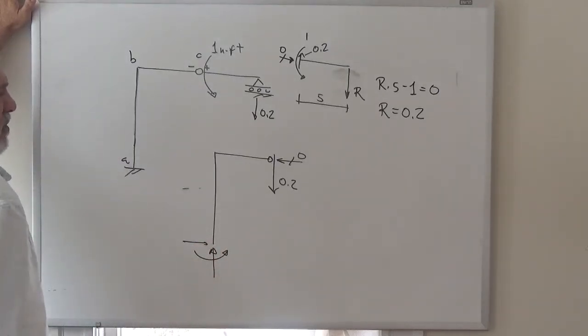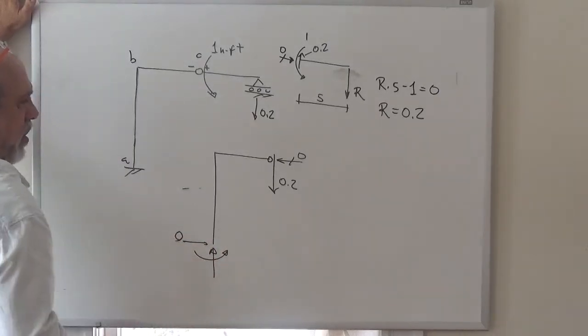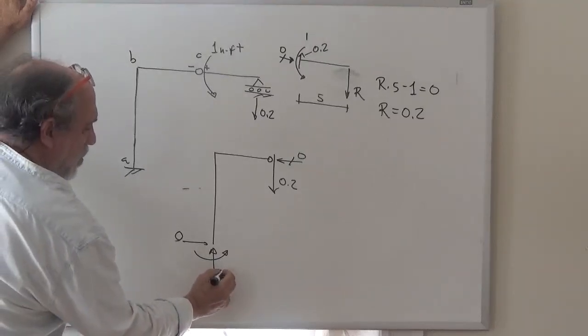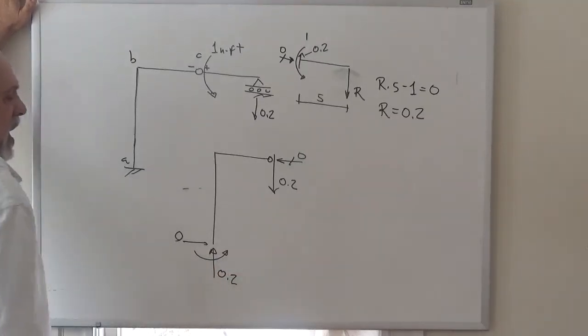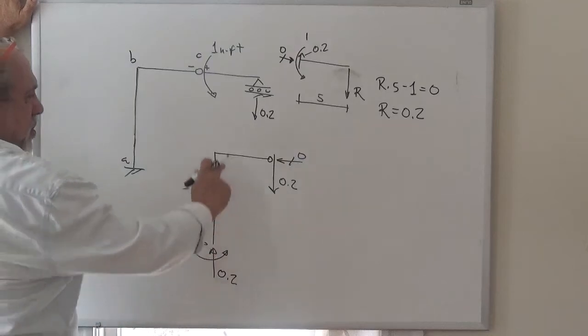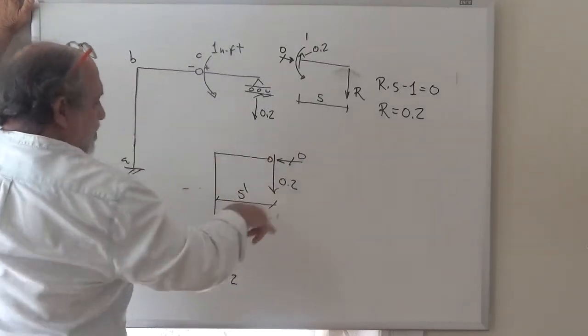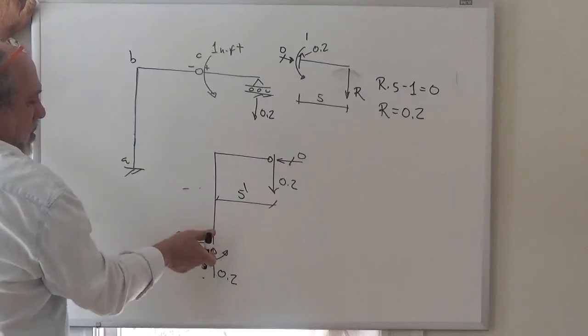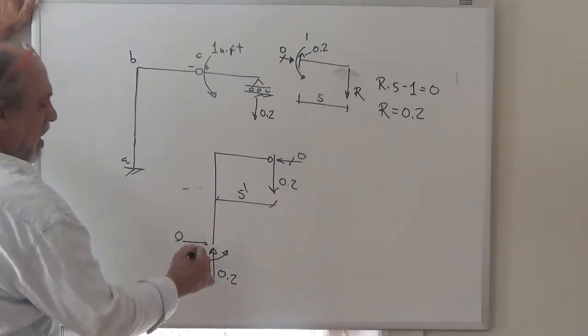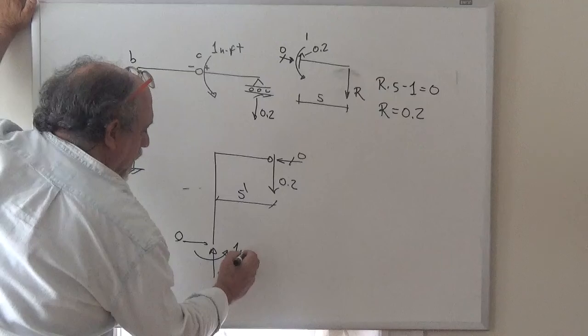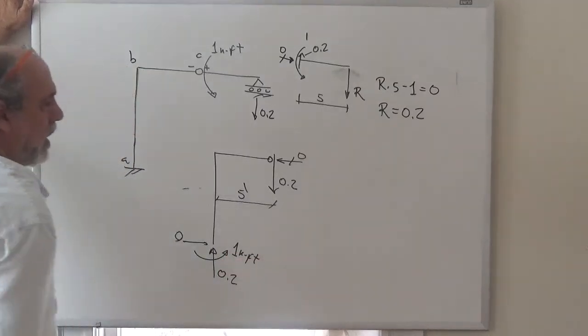So, summing forces in the x direction, that is 0. Summing forces in the y direction, this is 0.2. And summing moments about this point, remember that was 5 feet. This 0.2 times 5 must be equal to this, and this is therefore 1 kip foot, right?